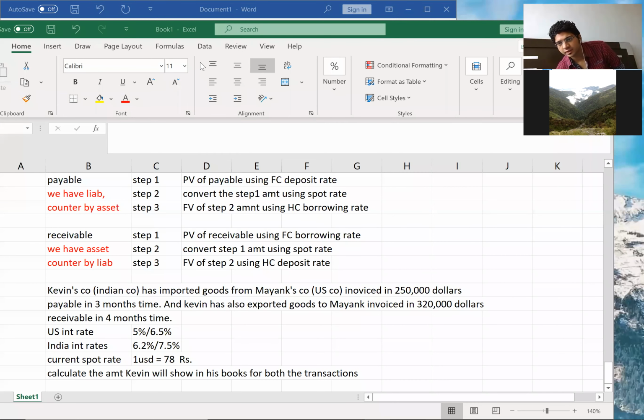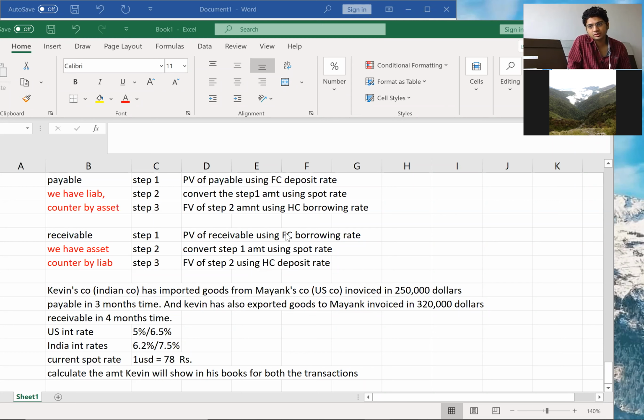Okay, so we are getting the answers. Payable 262.31 rupees, receivable 574.302 rupees. Okay, let us check. So can you net off those amounts later on? Payable and receivable in rupees.